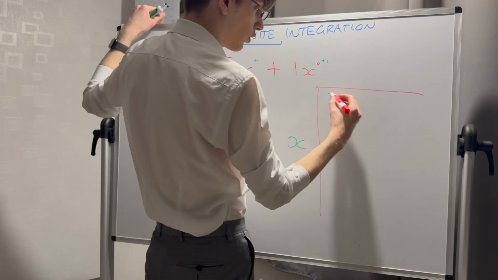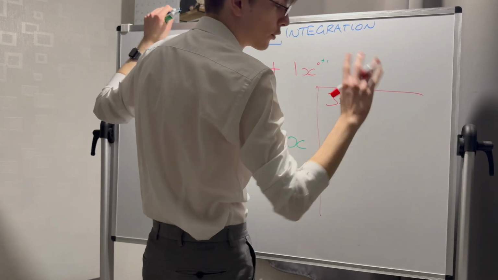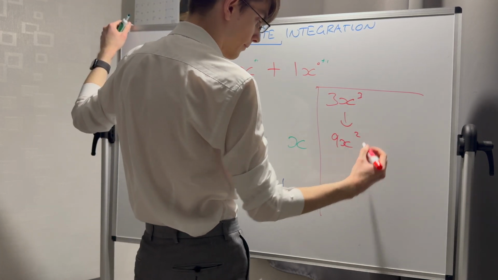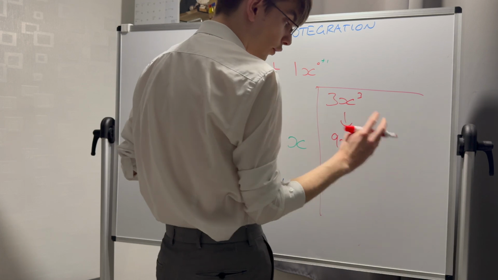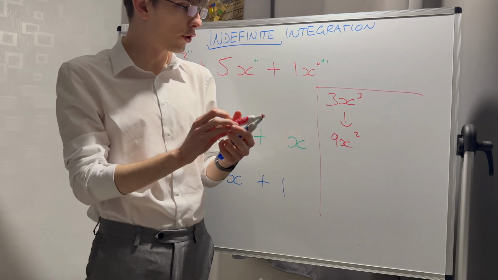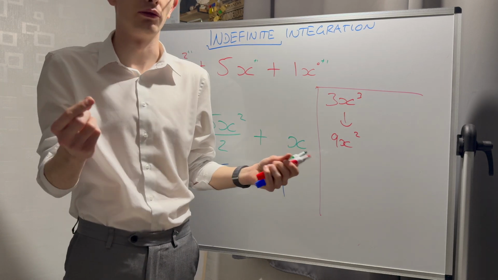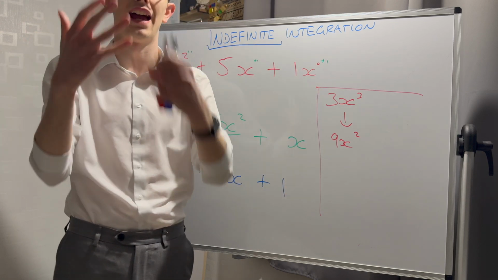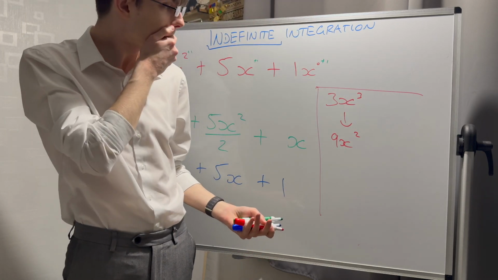Again, let's say I've just got a 3x cubed graph, nothing too crazy. I differentiate that and I get 9x squared. This gives me the gradient of the graph, but it doesn't tell me the gradient of a specific point, right? I still need to put in an x. It just tells me the general gradient at any point on this graph.